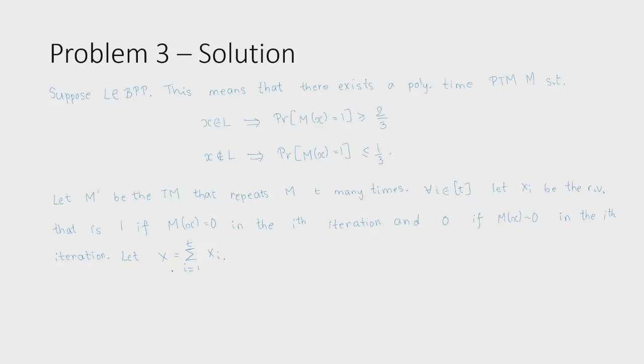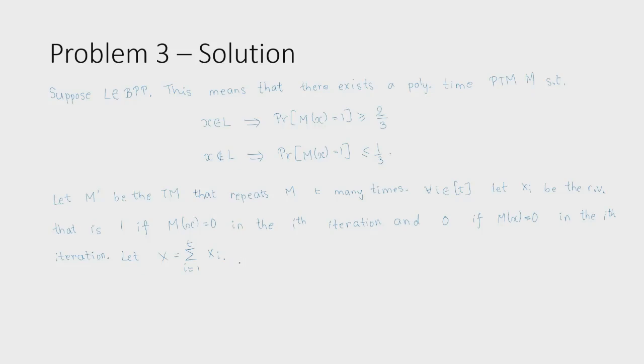Okay, so can you tell me what X represents? So Xi represents the output of M on x in the ith iteration. So what does X represent? Okay, so X is a sum of Xi's, right? And Xi's are 0-1 random variables. So this sum is going to be exactly equal to the number of Xi's that are 1, right?